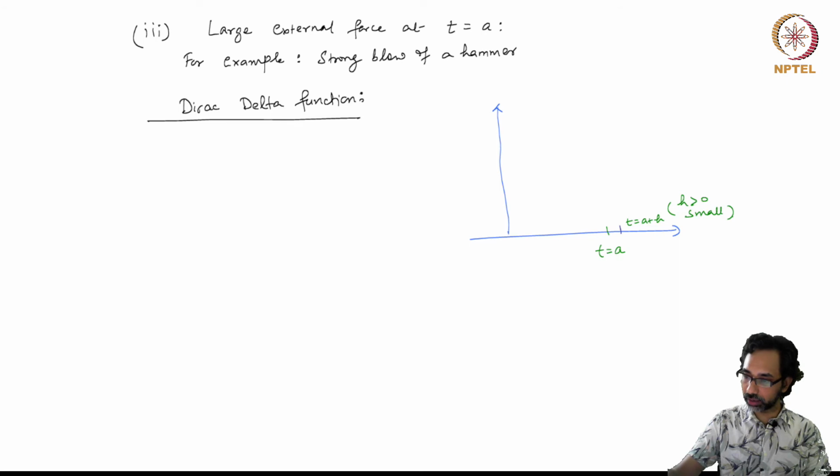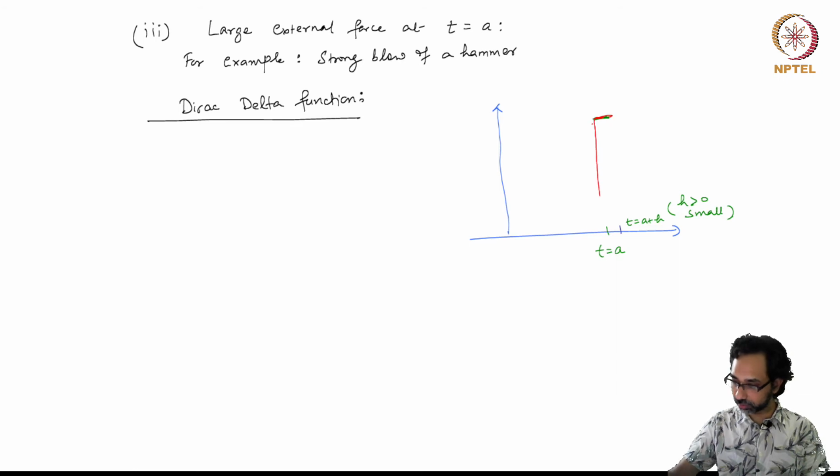So the height of the graph is going to be quite large as h goes towards 0. So we have this kind of situation.